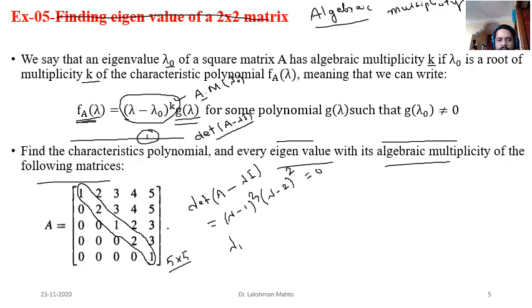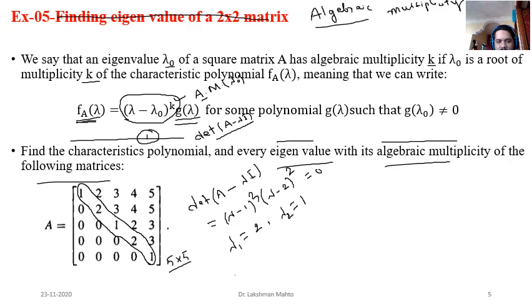So one root is equal to 2. Another root is 1. So this polynomial has two roots. One is 2, another root is 1. Lambda 2 is 1. So how many times is 2 coming? You can observe the exponent here: 2 times. 2 is coming 2 times.